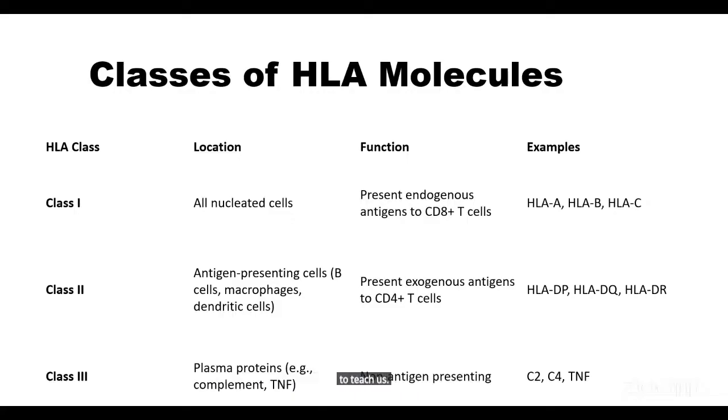Examples are HLA A, B, and C. Class 2 belongs to B cells, macrophages, and dendritic cells, and they present exogenous antigen. The example is in the front. Also class 3, which is the plasma proteins. Examples are complement 2, 4, and TNF. Next slide.